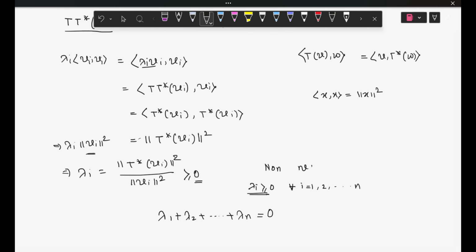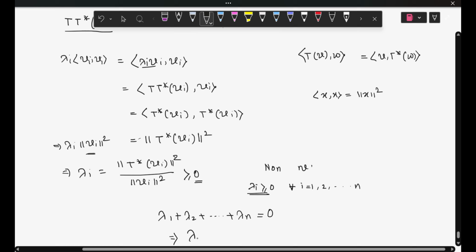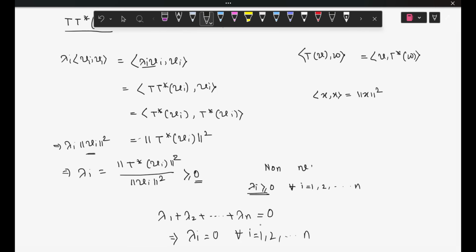But as each lambda is greater than or equal to 0 and the sum is equal to 0, this implies each lambda is equal to 0 for all i equal to 1 up to n. So I can say that each eigenvalue corresponding to the operator T star is 0, right?